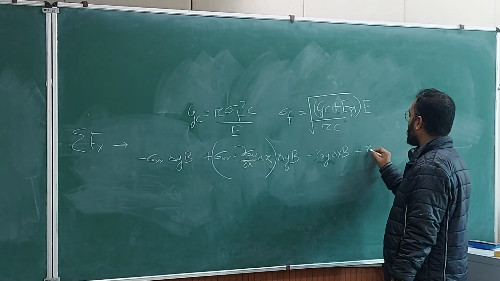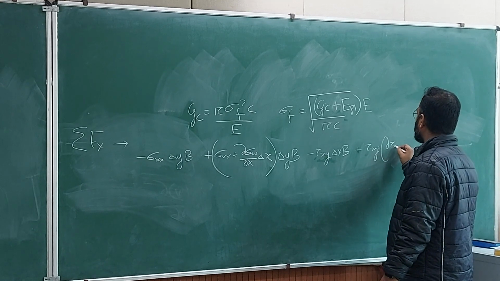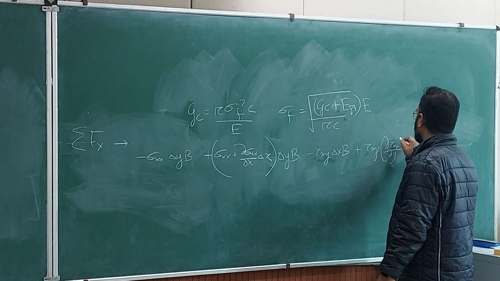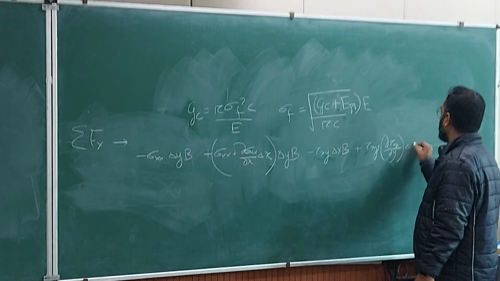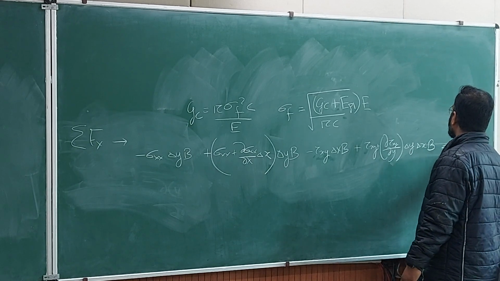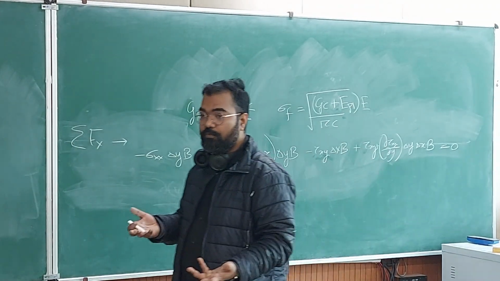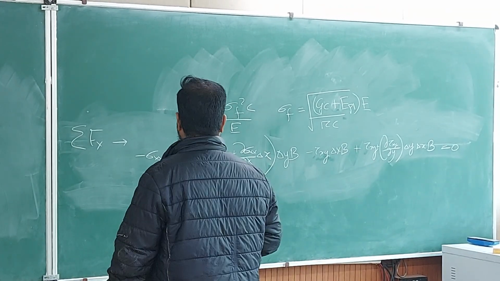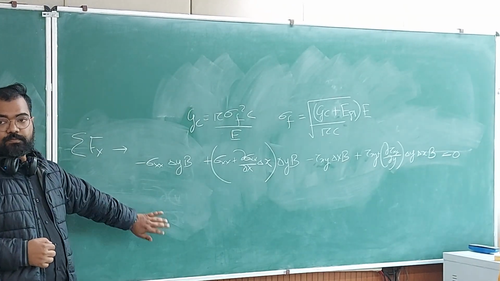And then we have tau xy plus del tau xy by del y into delta y, into delta x into b, and this will be equal to 0 because I don't want any net force. So then you tell me what will be the final expression for this?